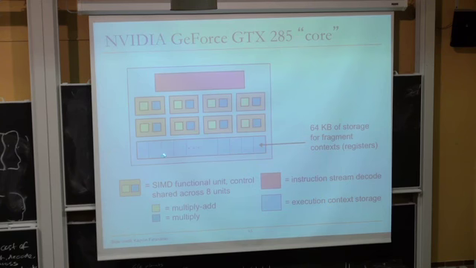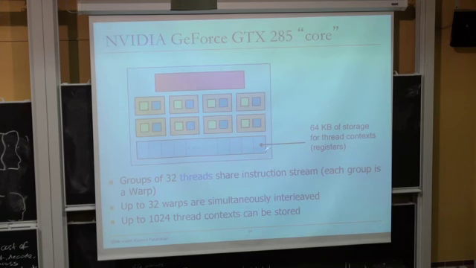And you need to store the register contexts. Why do you need 64 kilobytes? You have groups of 32 threads that share the instruction stream, but you can execute only 8 of them in parallel. So you have 4 cycles to finish a warp.